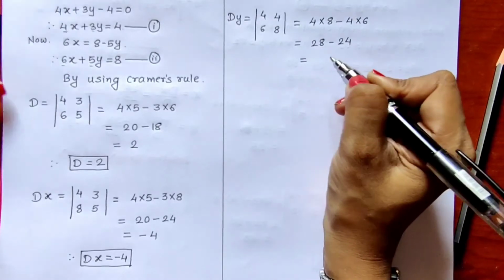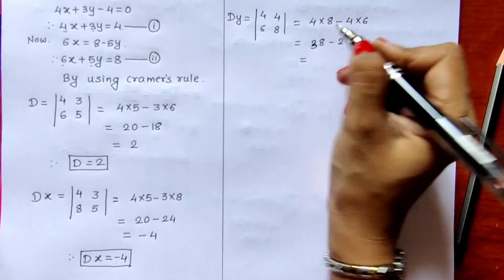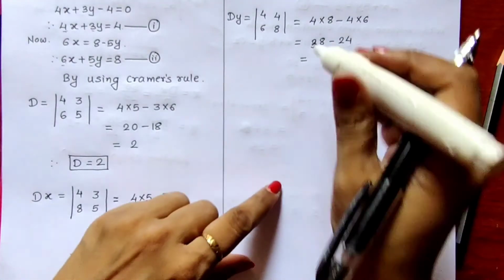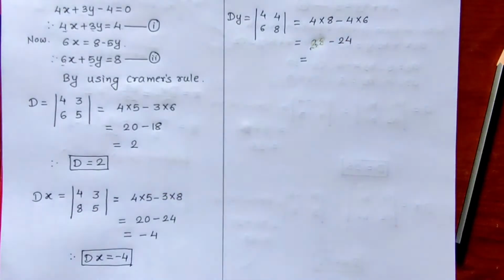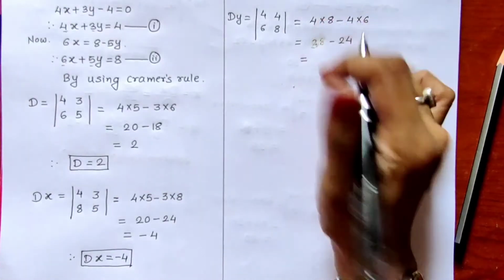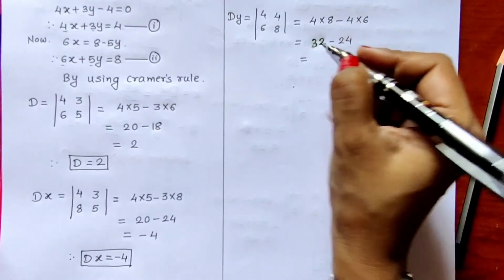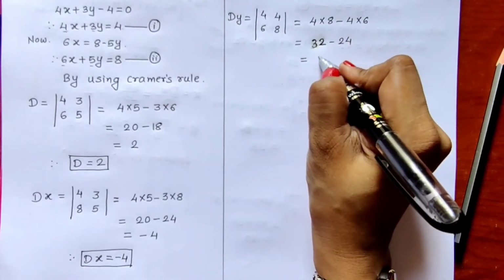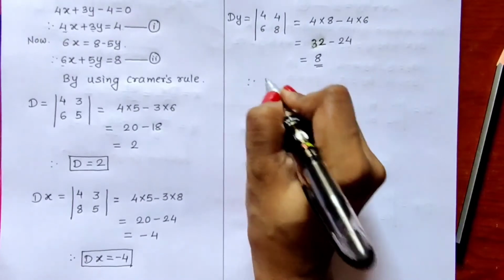So answer is, sorry, it is not 28, it is 32. Four eights are 32. Minus 24 is, answer is 8. So dy we have got 8.